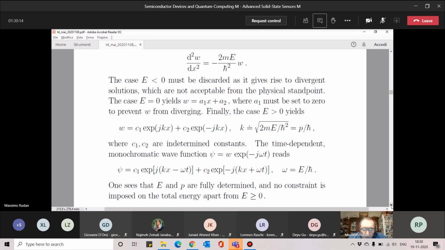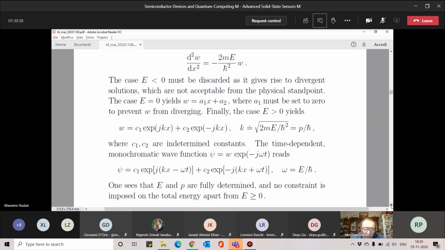So in conclusion, for the free particle, the situation is quite easy. We have found that the space part of the wave function is a combination of the two exponentials in which the constants C1 and C2 are undetermined.